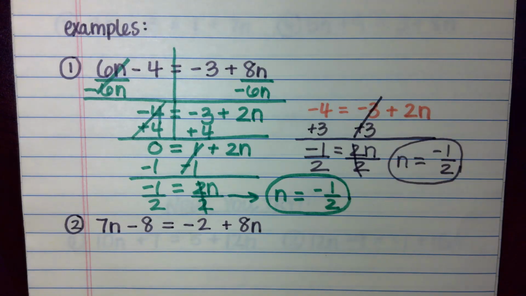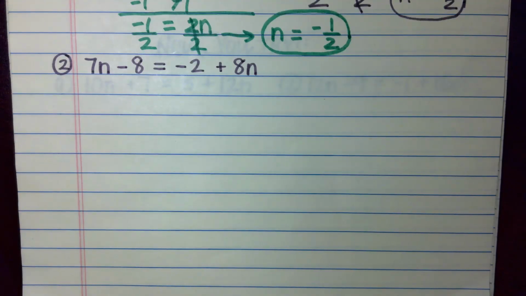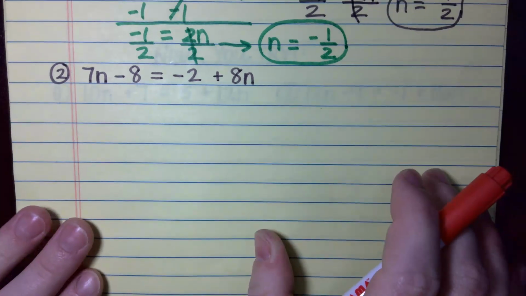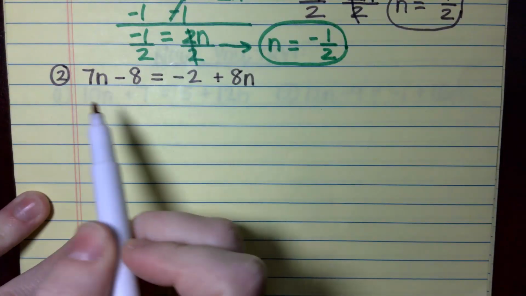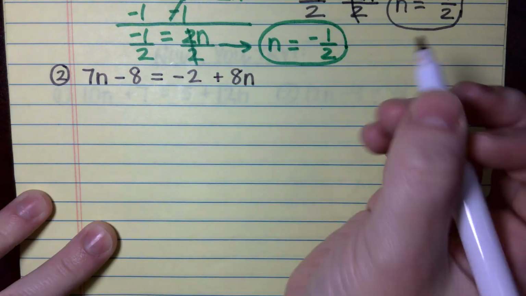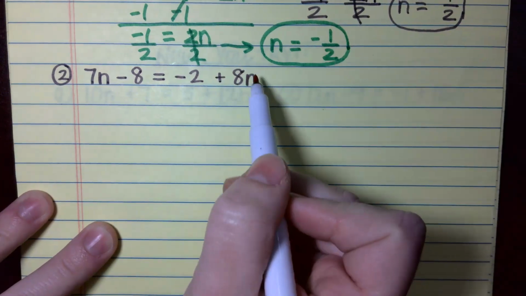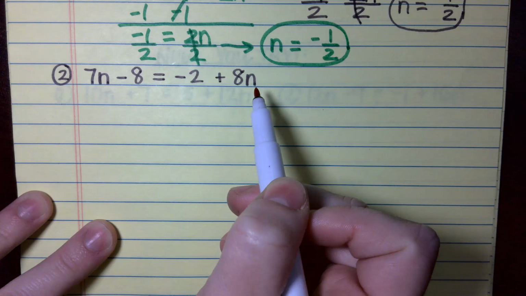Okay, so for number 2, let me give you a different mindset towards this. Whenever we're solving an equation, remember our goal is to get that variable by itself. We want n to be by itself.